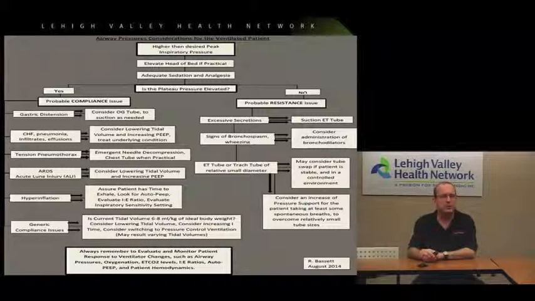So if you see your peak inspiratory pressures are high and they have a small endotracheal tube, for example, you check your plateau pressure, and that's pretty close to normal, we're probably not going to mess around with changing an endotracheal tube in the transport environment. Leave that for the ICU, whoever's receiving the patient, in a more controlled environment.